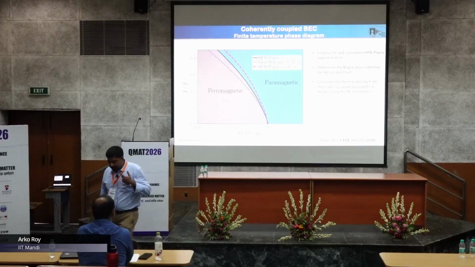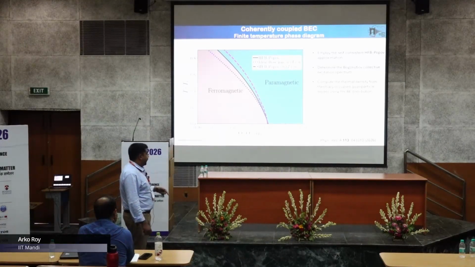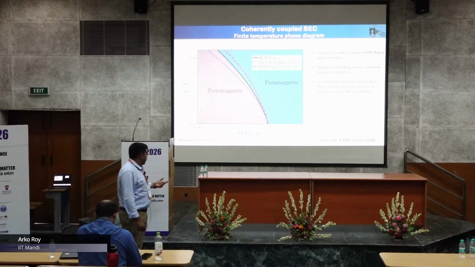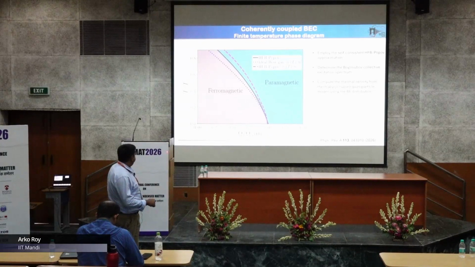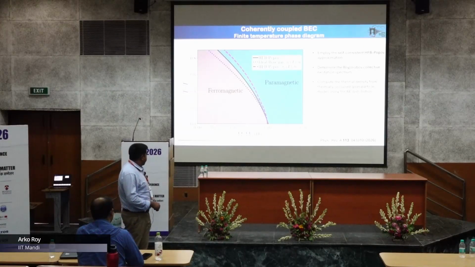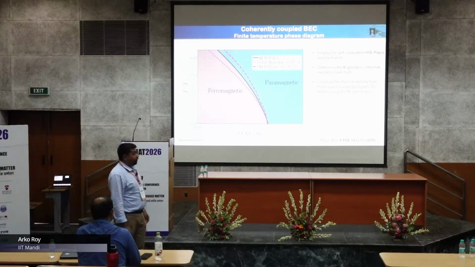But before I go on to describe the non-equilibrium dynamics of this false vacuum decay to the true vacuum, I think it is important to also understand the system at finite temperature at equilibrium, for which we have done these studies and charted out the phase diagram from a paramagnet to a ferromagnet as a function of finite temperature and omega. You can already see that depending on your omega and the temperature T, the paramagnetic phase is always favored.